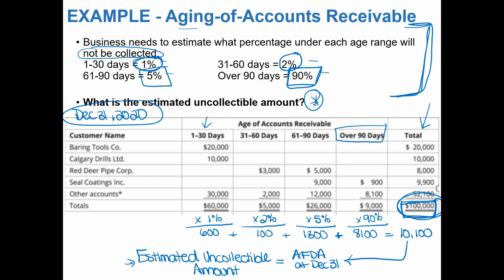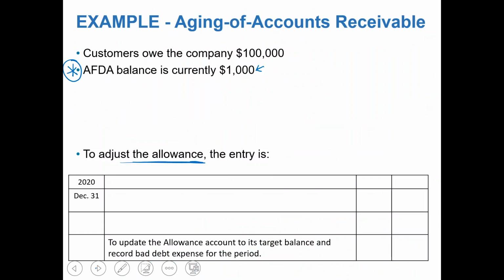So under this aging of accounts receivable, as I've said at the bottom here, we're calculating what we think the AFTA balance should be. This is our target. It's the amount that we want sitting in that account. So if we've already got $1,000 there, we only need to adjust for the difference. So we can do a calculation here. Our target AFTA, the amount that we just calculated, is $10,100.